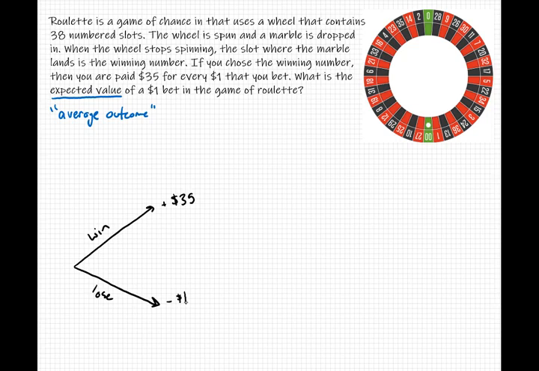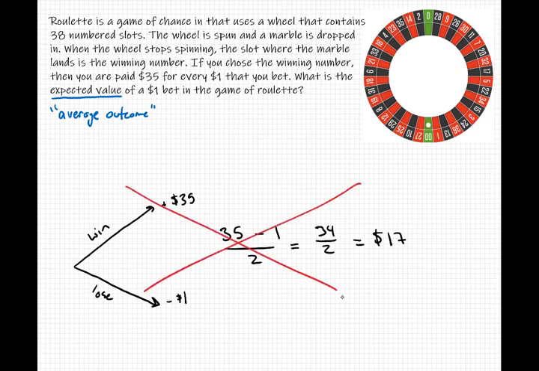Now, if those things were equally likely, then the average outcome would be the average of 35 and -1, in which case we would add them up and divide by 2. 35 minus 1 divided by 2. Well, that's 34 divided by 2, or 17. Well, that doesn't really make sense because you're much more likely to lose than you are to win. So this approach doesn't work.